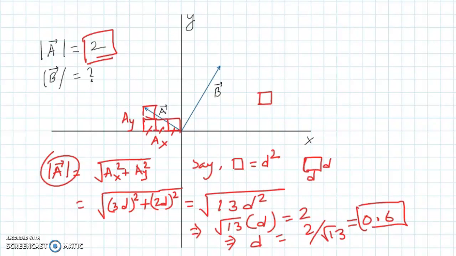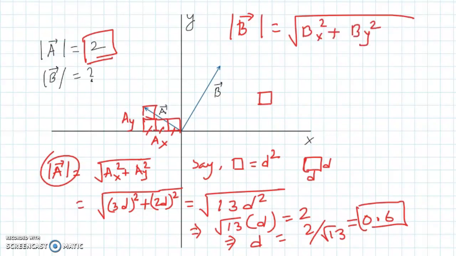So I now know the magnitude of b. The magnitude of b will be the root of bx squared plus by squared. So what is bx and what is by? Along x, this is bx. How many squares are there in bx? 1, 2, 3 squares, so it is 3d, since one small square equals d.